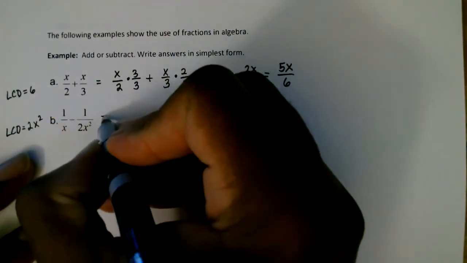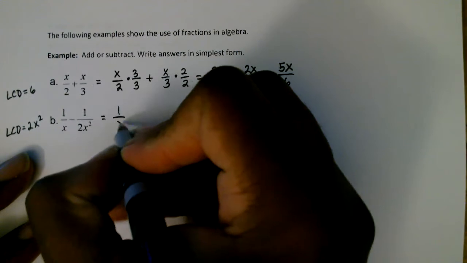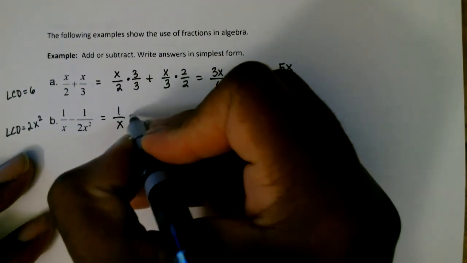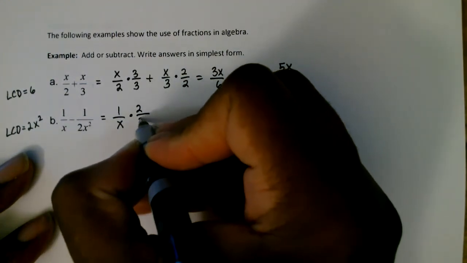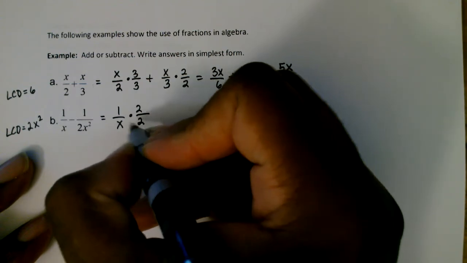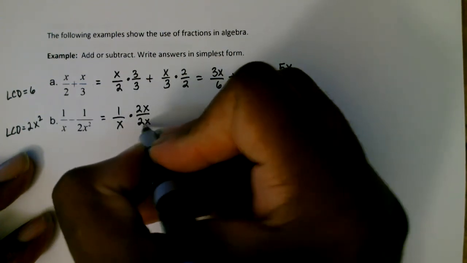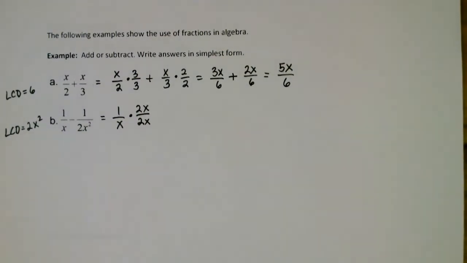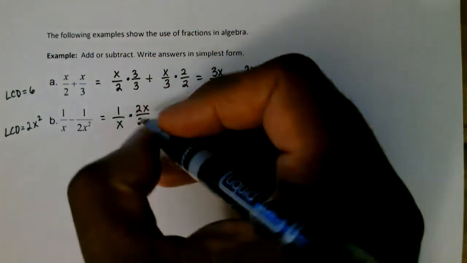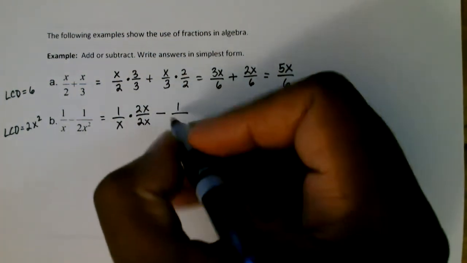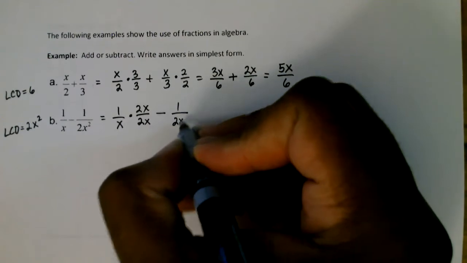Now let's write our equivalent fractions. For 1 over x, if I want that denominator to be a 2x squared, I need to multiply the numerator by 2 and the denominator by 2. That x needs to be x squared, so I need to multiply by x in the numerator and the denominator. So 2x will have to be multiplied in the numerator and the denominator, and then minus 1 over 2x squared.